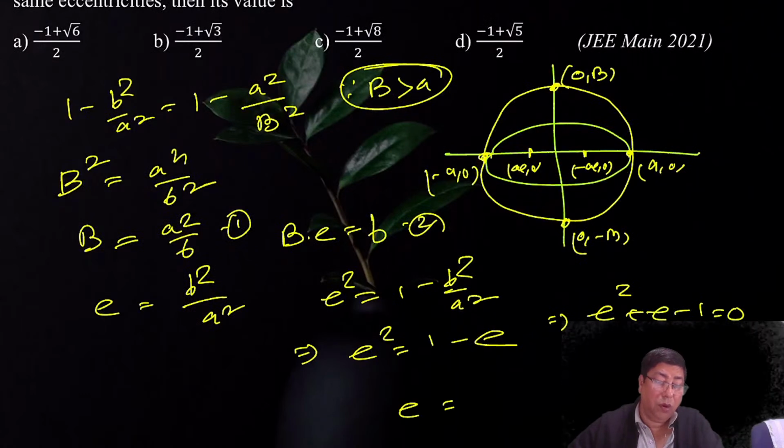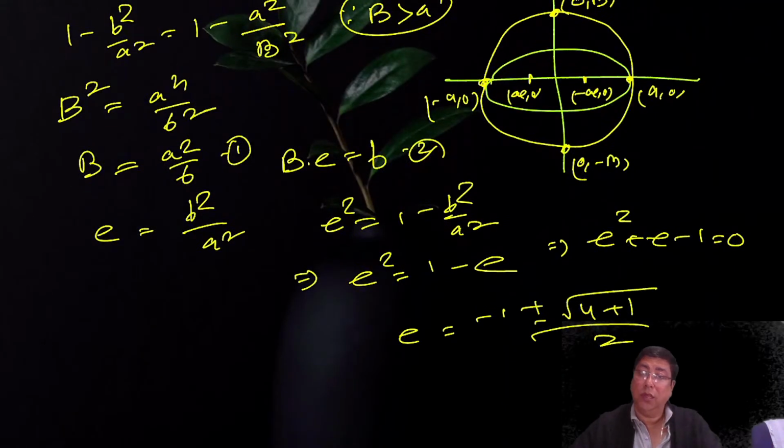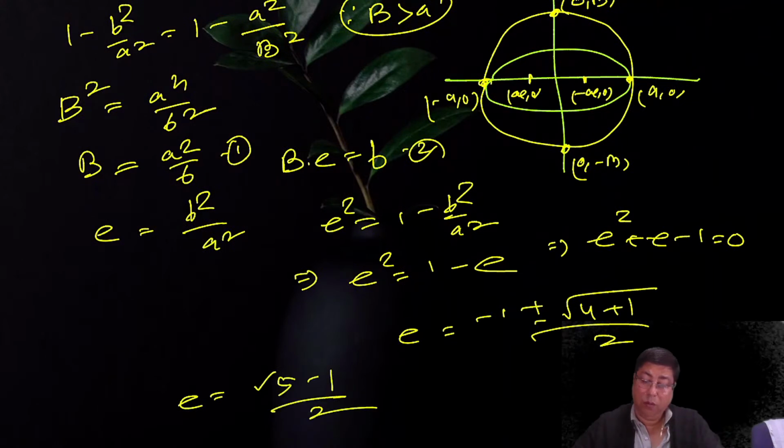Therefore E = (-b ± √(b² - 4ac))/2a, and E is always a positive quantity, so E = (√5 - 1)/2.